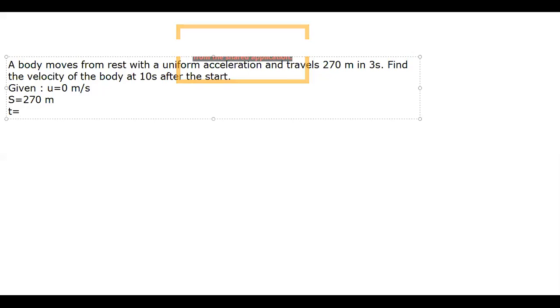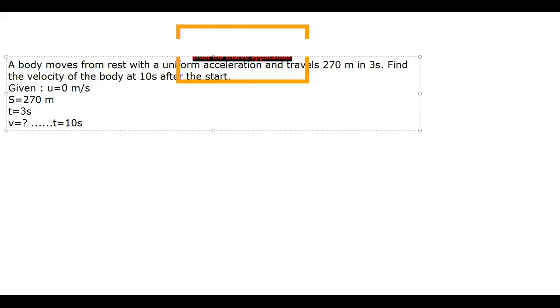So time is 3 seconds. Find the velocity of the body at 10 seconds after it starts. So what is being asked? The final velocity is being asked, and for that final velocity, the time is 10 seconds. So we are having t1 and t2.